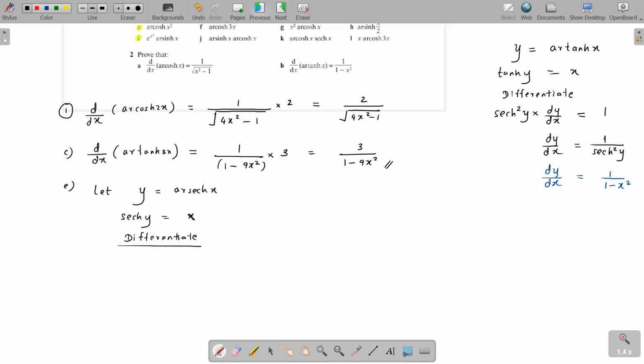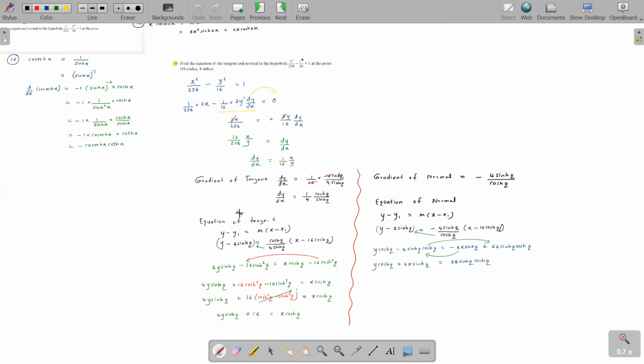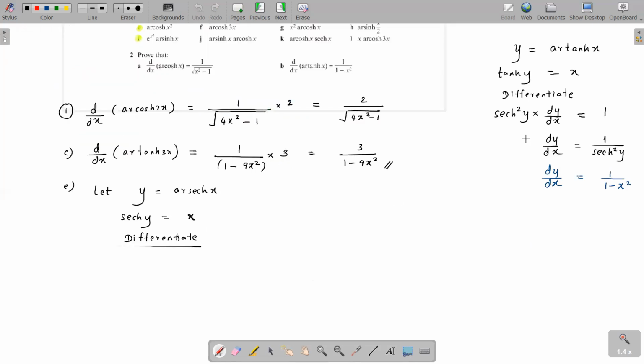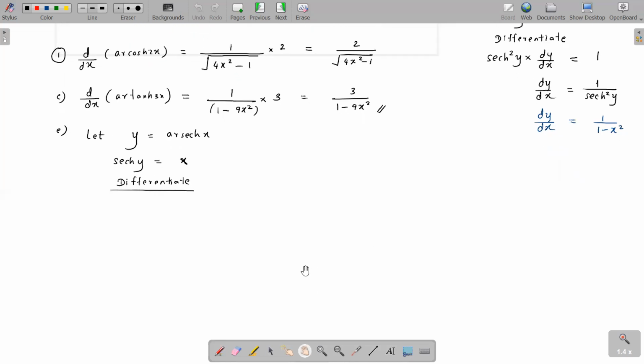The rule we did previously: the differentiation of sech y is minus sech y tan y, and then into the differentiation of y, which is dy by dx, equals the differentiation of x, which is 1.